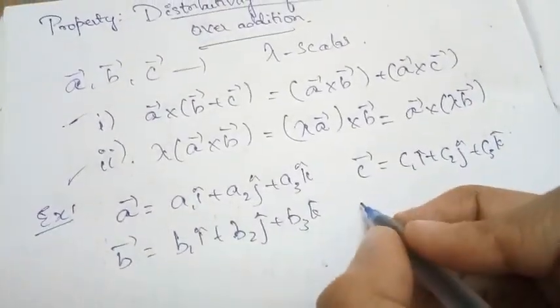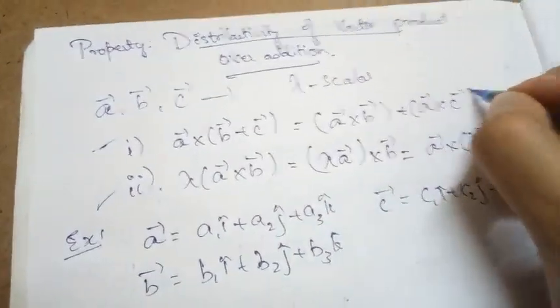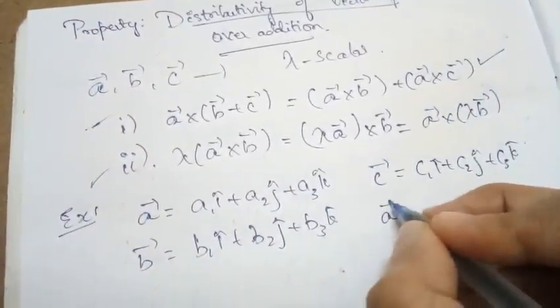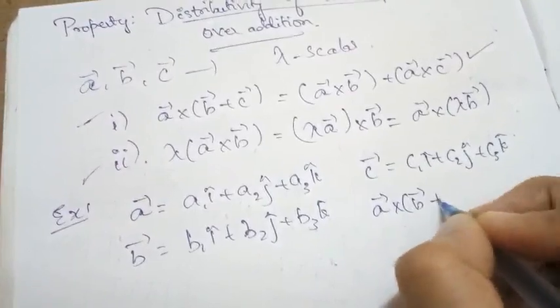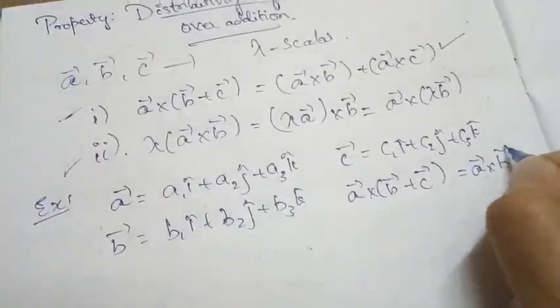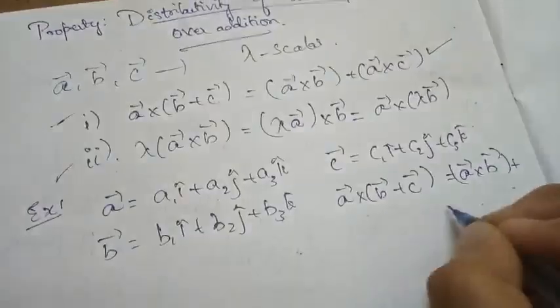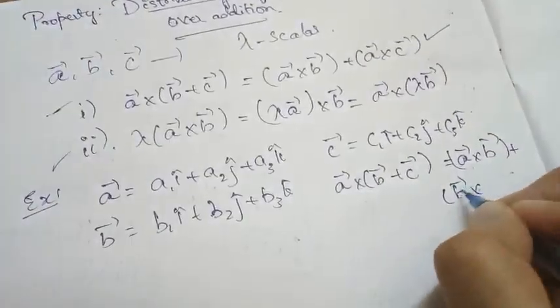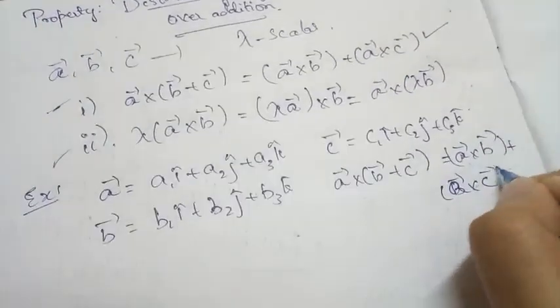We are asked to verify the first property, that is, vector A cross (vector B plus vector C) is equal to vector A cross vector B plus vector A cross vector C.